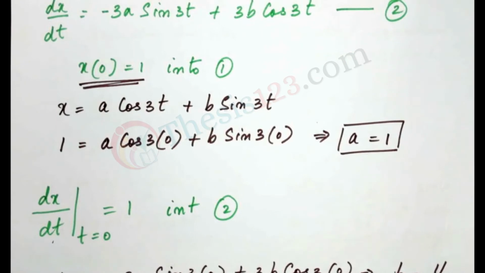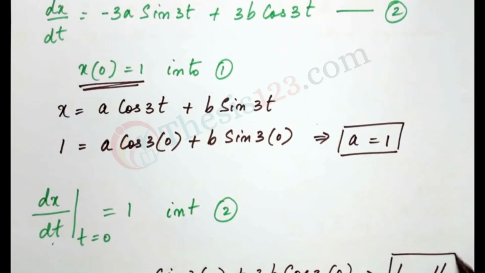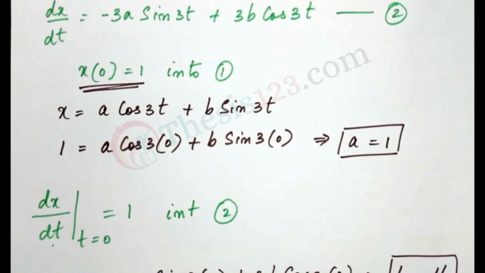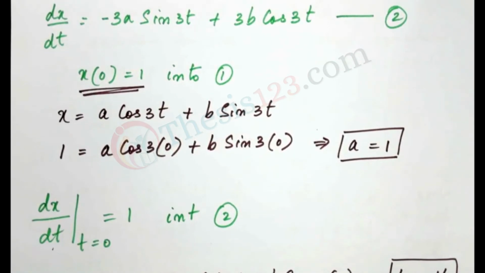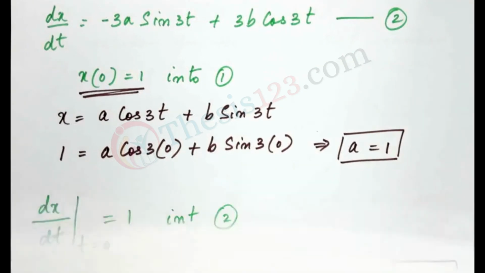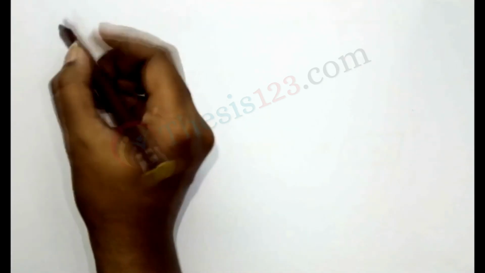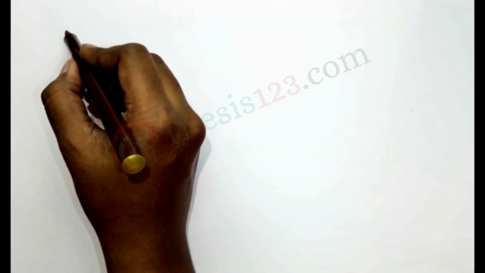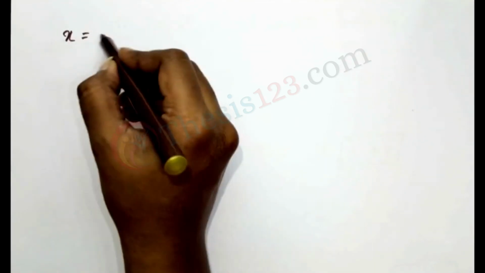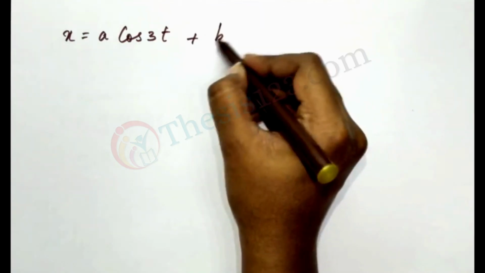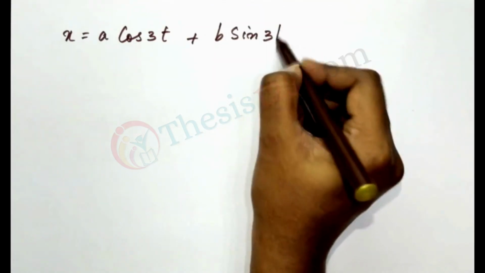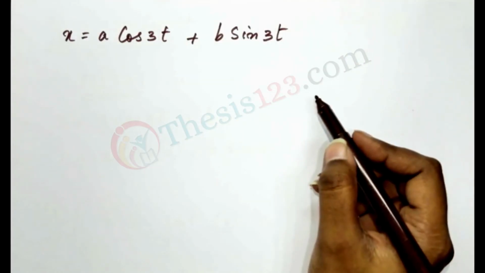Now we have the values of a and b. Let's substitute these values into the solution that we wrote in the beginning for x, and that will give us the final answer. The solution of x was written earlier as a cos 3t plus b sin 3t, the first equation that we wrote down.